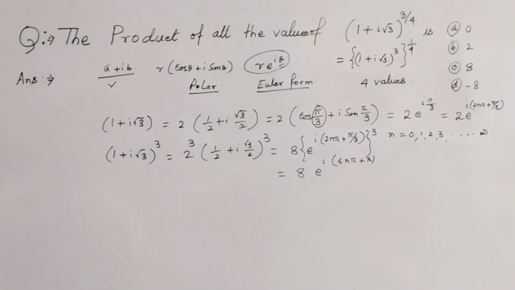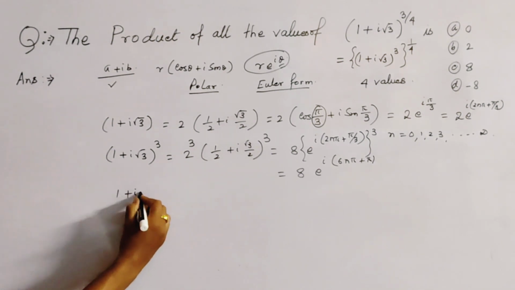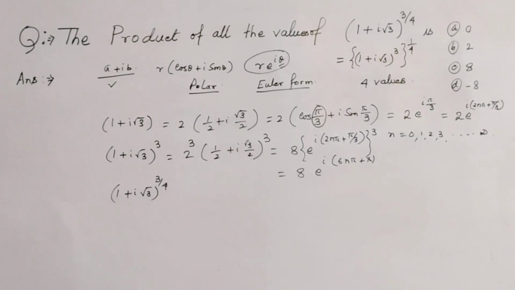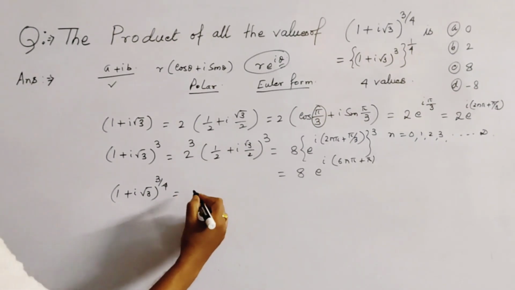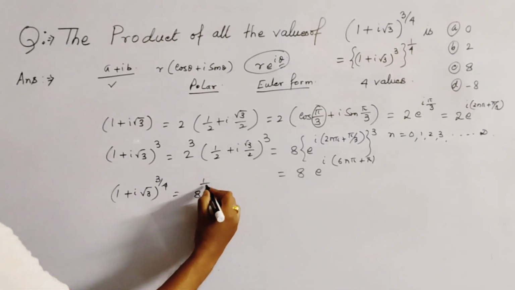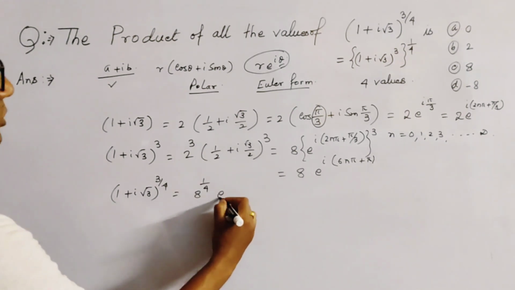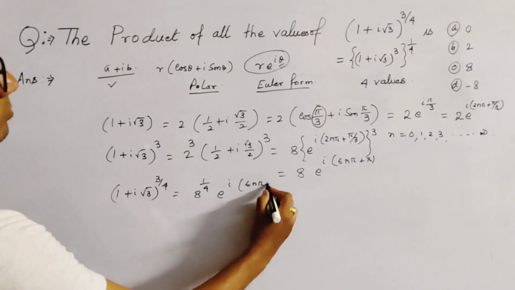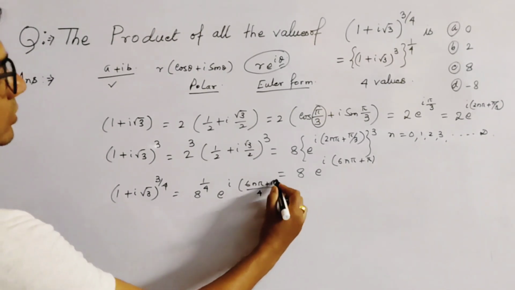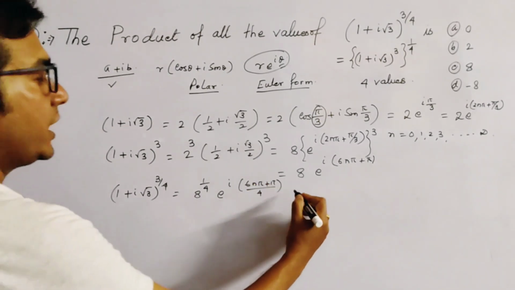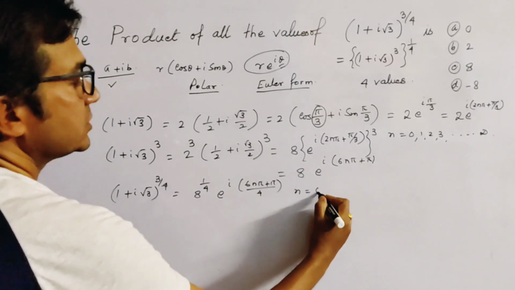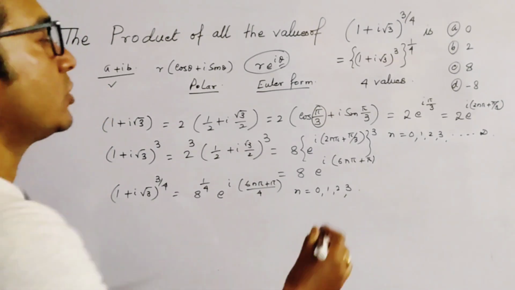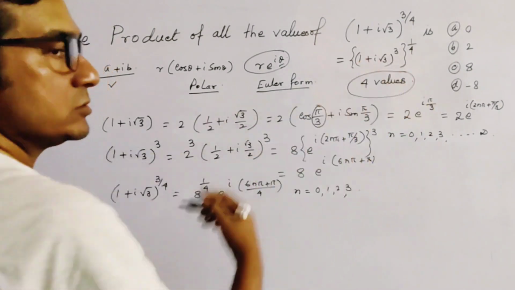Now (1 plus i root 3) whole to the power 3 by 4 is equal to 8 to the power 1 by 4 into e to the power i into (6n pi plus pi) by 4, and here n must be equal to 0, 1, 2 and 3, because there are only 4 values.